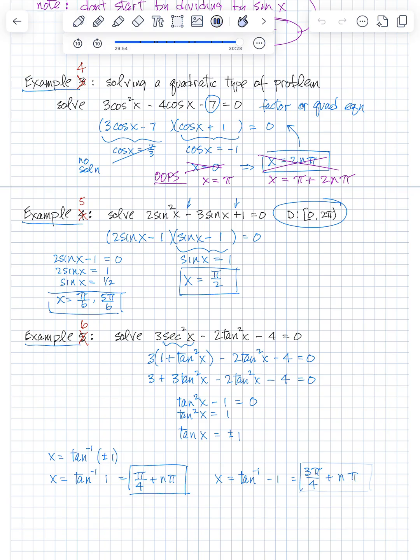Okay, so here's our 2 answers. This problem we had to first use a trig identity to solve it. And so expect a lot of those kind of problems to come up in the homework. So this is it for lesson 1. And lesson 2 will probably have 4 examples plus some other information that I'll give you. Okay, that's it.